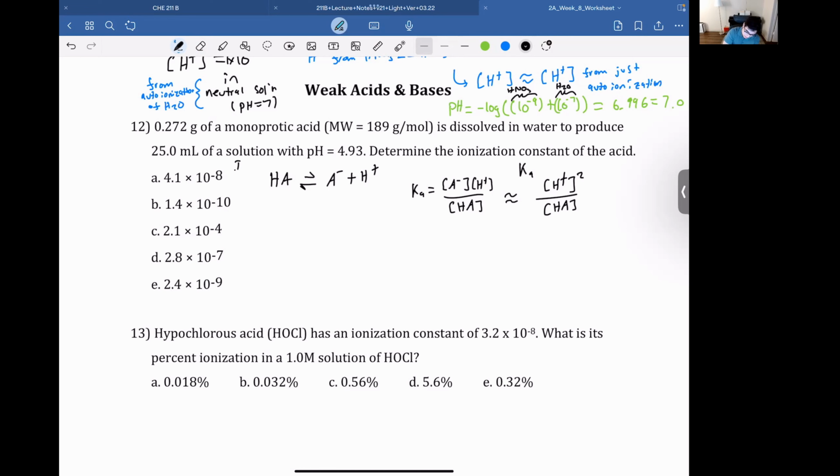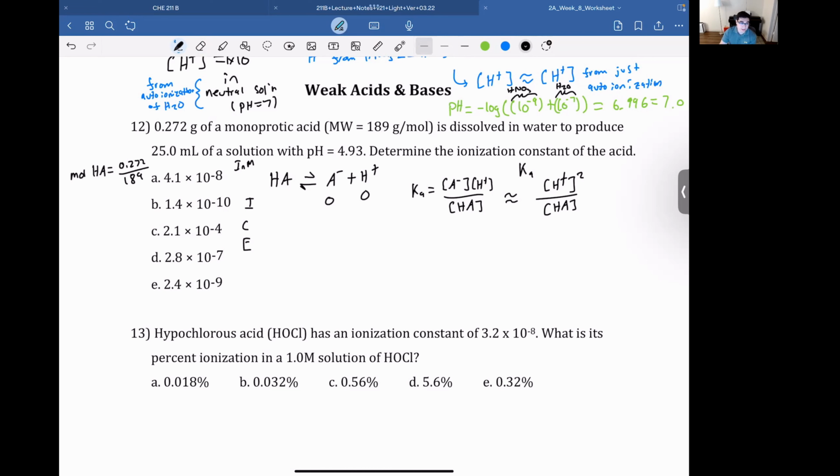Now, if we're doing an ice table in molarity, I don't have the initial concentration of HA. I am, however, given the grams I put in and the molecular weight and the volume of the solution. I think you see where I'm going here. So the moles of HA, I'm going to do it on the right or left, is 0.272 divided by 189, right?